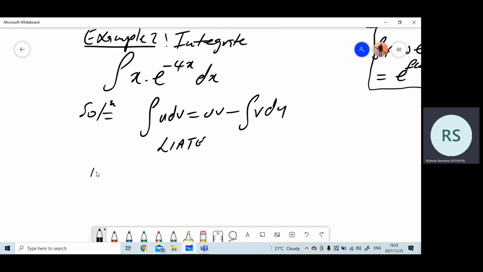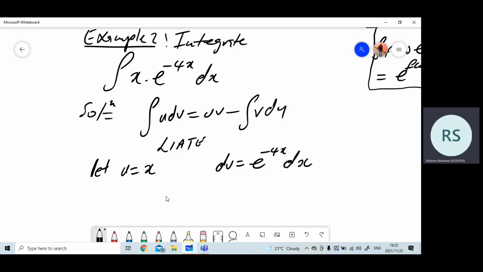I will let u be x, and then dv will be the rest, which is e to the minus 4x, and dv, remember, goes with dx. That's how you choose u and dv. Because we want to use this formula, it also needs v, which we find from dv, and du, which comes from u.